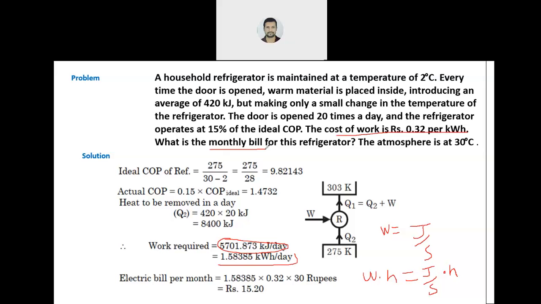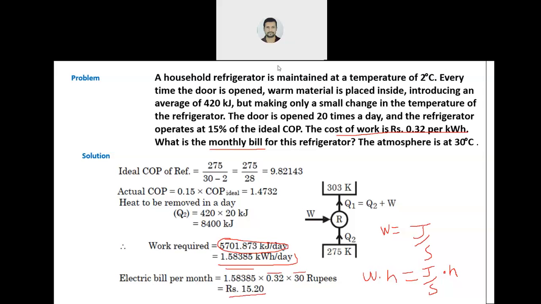On average, sometimes 28, sometimes 30, sometimes 31, so we will take an average of 30. So this much work required into this much money is per day. To find the month, multiply by 30 days, and you will get this much in rupees. This is the monthly electric bill due to the refrigerator.